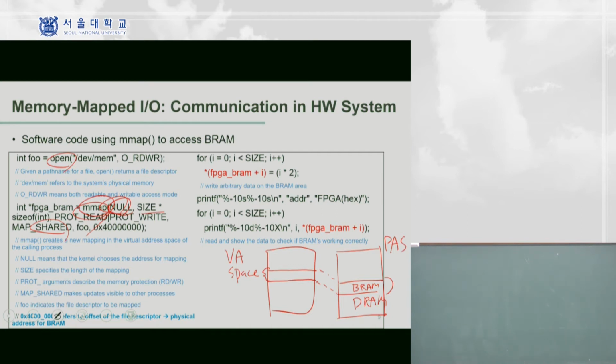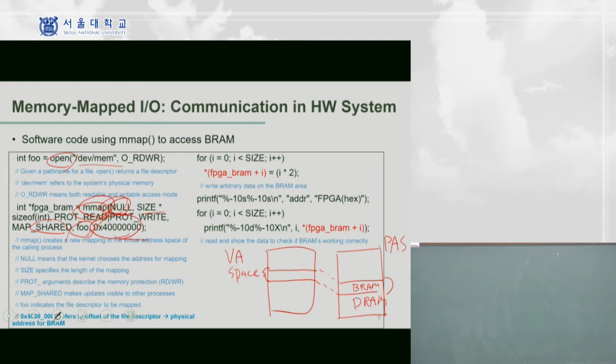The next one is the file descriptor. In this case, the file descriptor is for /dev/mem, which is the physical memory space. The last one is the offset. This is where you start the mapping from.